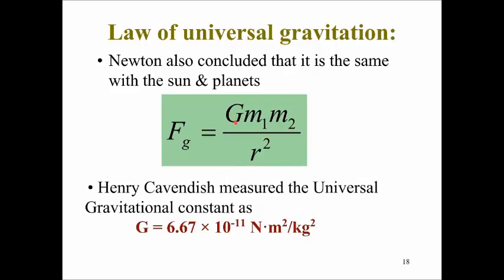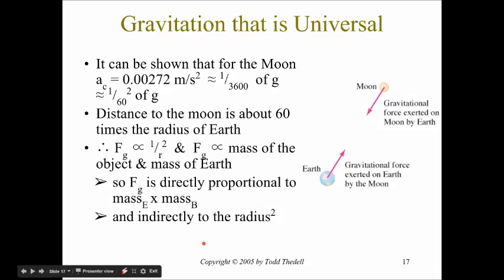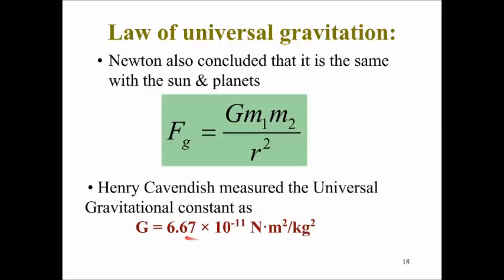Okay, so it wasn't until Henry Cavendish came along and he actually measured it. By showing that the force is proportional to the product of the masses and inversely proportional to the square of the radius, the big G was unknown until Cavendish came along, and he measured the universal gravitational constant and got this really weird looking number, 6.67 times 10 to the negative 11.